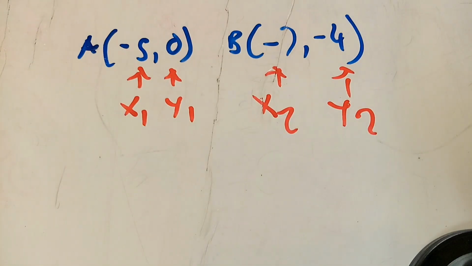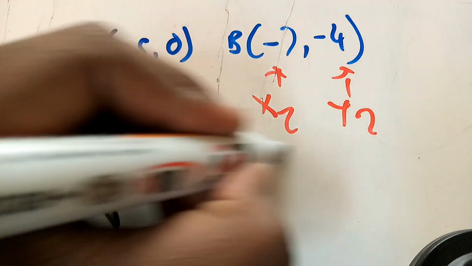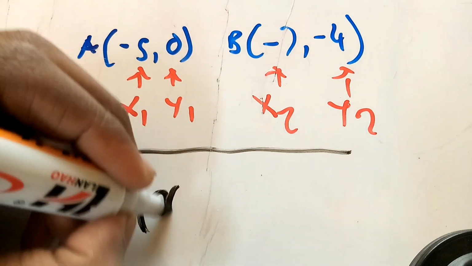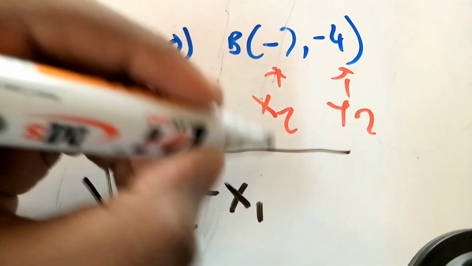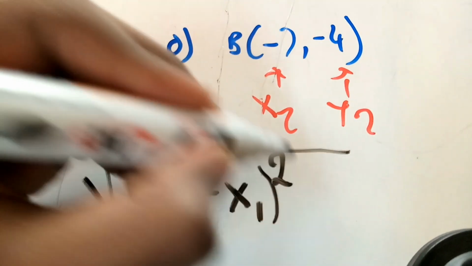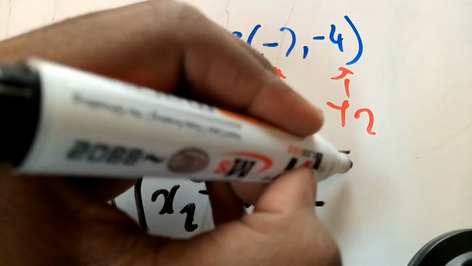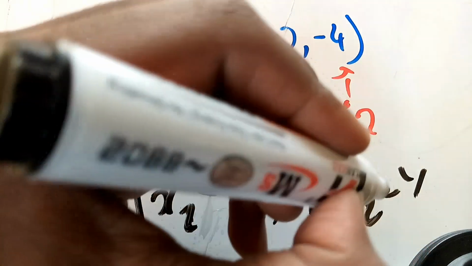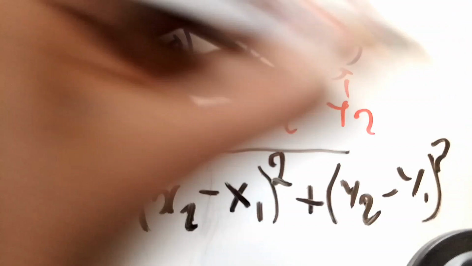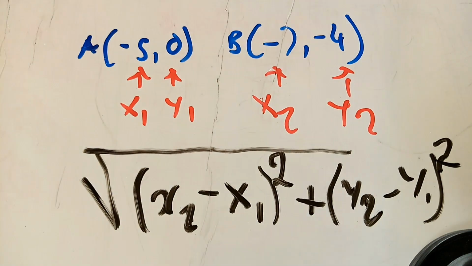Now we have our formula also as the square root of (x2 minus x1) squared plus (y2 minus y1) squared. So let's substitute.